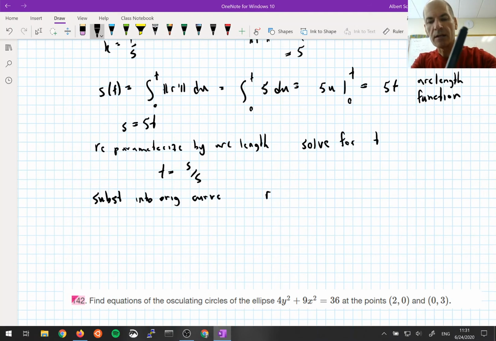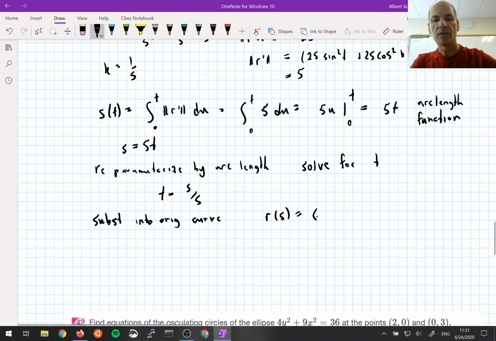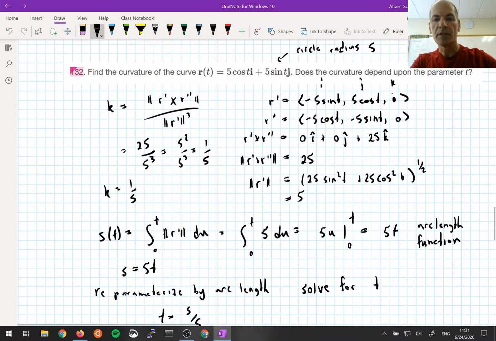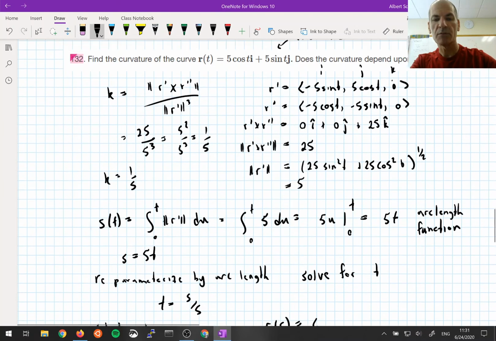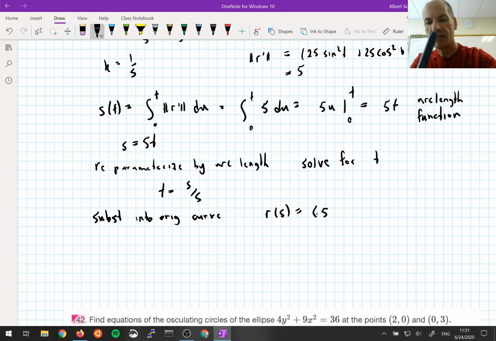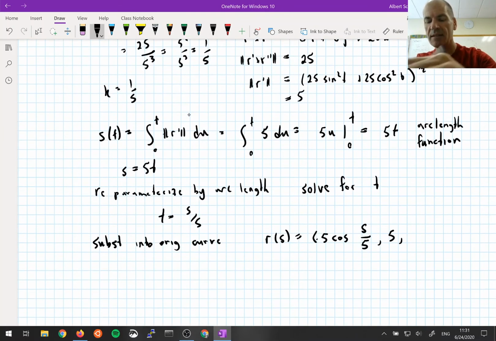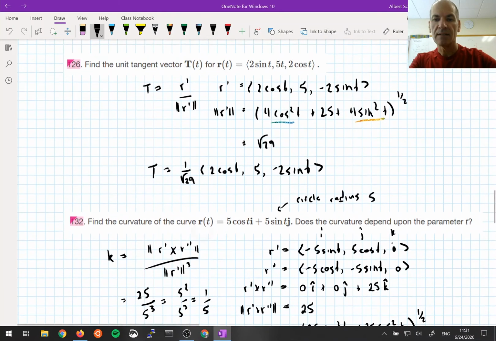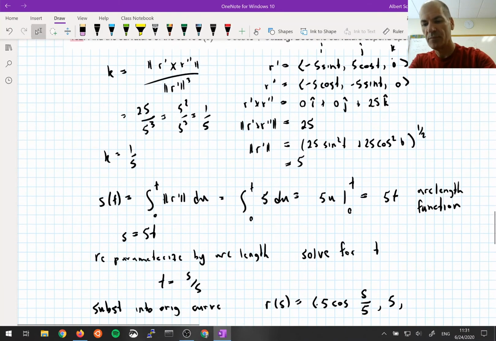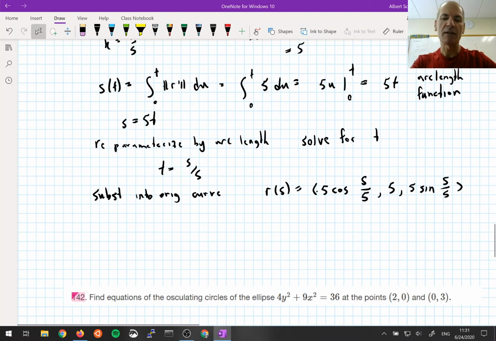So then r of s is, replace the t's with s over 5, and we get 5 cosine of s over 5, and then 5 sine of s over 5, like that. So many 5's and s's. And that would be an arc length parameterization.